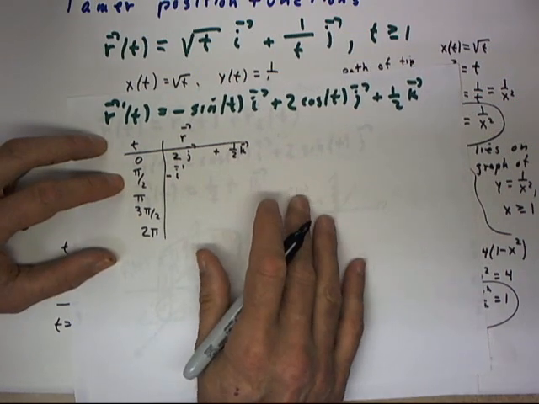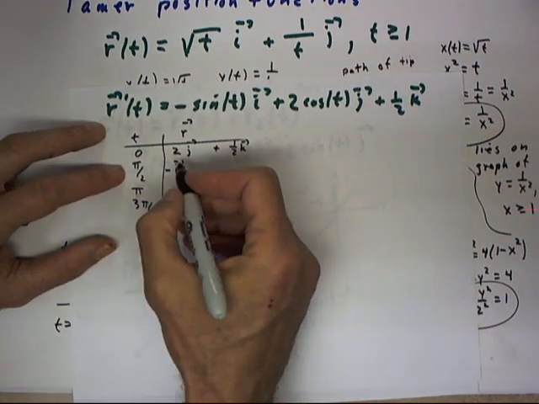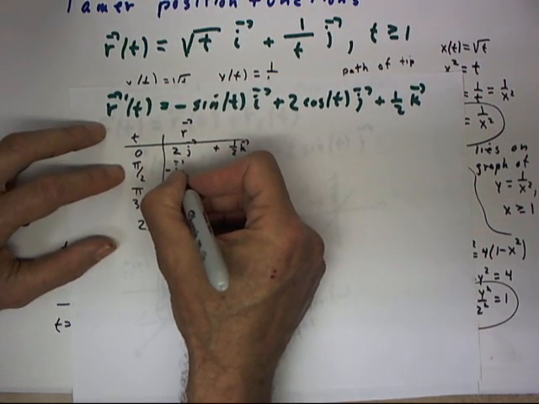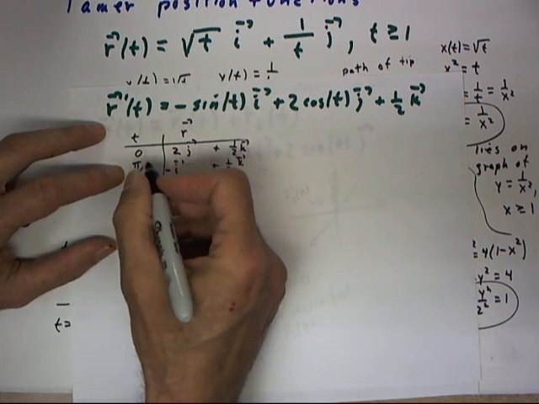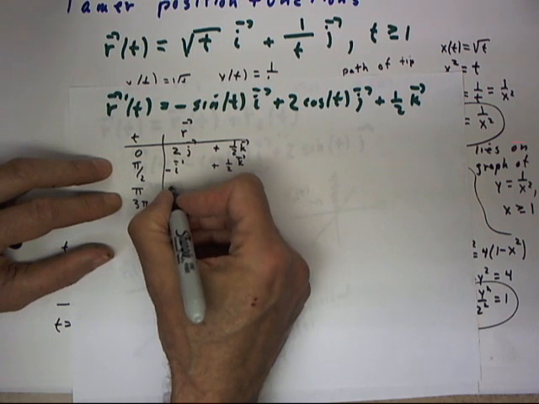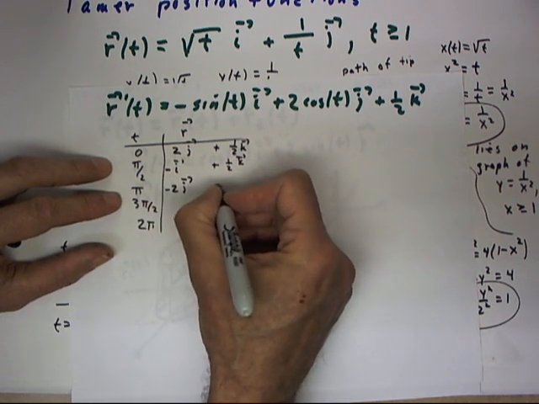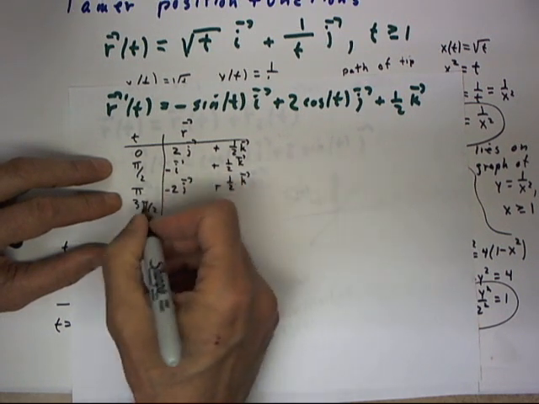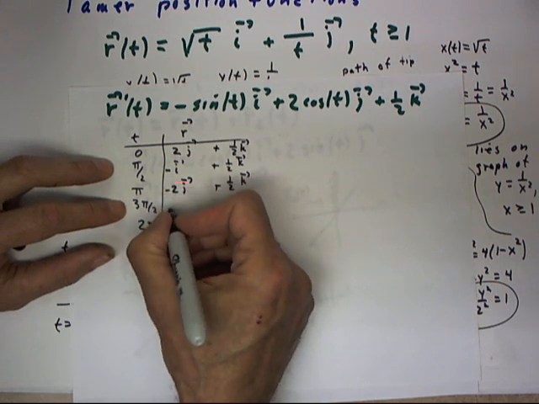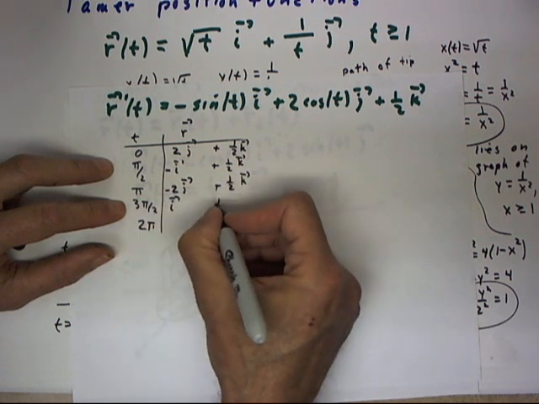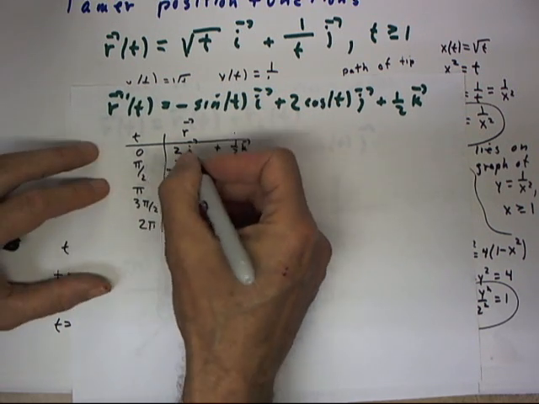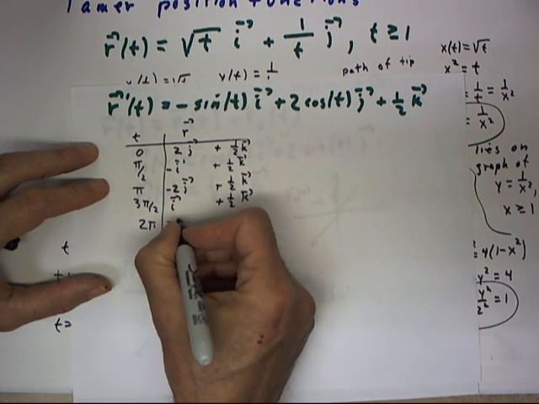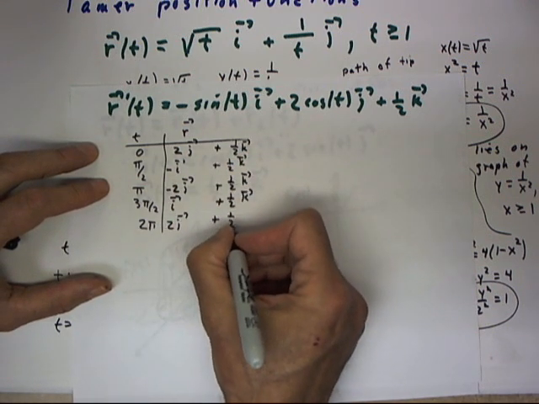The 1/2 k is always going to be there for any value of t. So we have minus i plus 1/2 k at pi over 2. At pi we have negative 2j plus 1/2 k. At 3 pi over 2, we're going to have i plus 1/2 k. And at 2 pi, we're going to be back to the same vector we had at t equals 0.